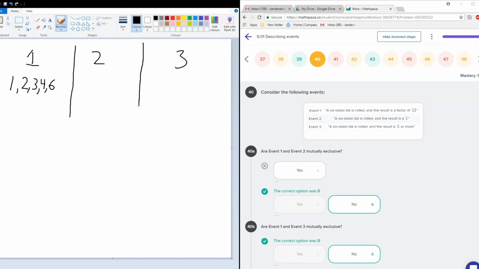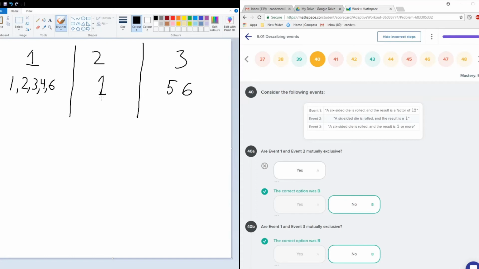So no 5 there. Event number 2 is the result is a 1. And event number 3 is the result is 5 or more. So this would be 5 or 6. Now, question 1 asks, are event number 1 and number 2 mutually exclusive? Well, can they happen at the same time?